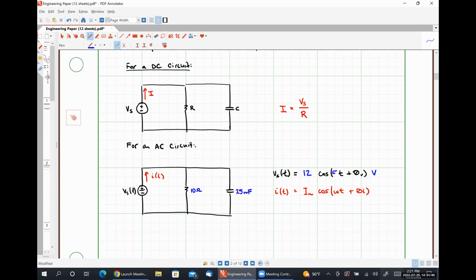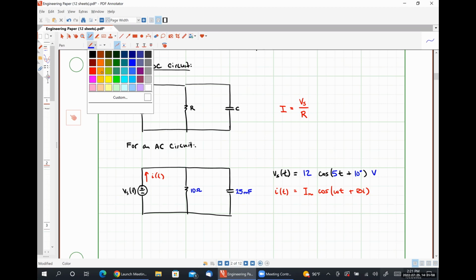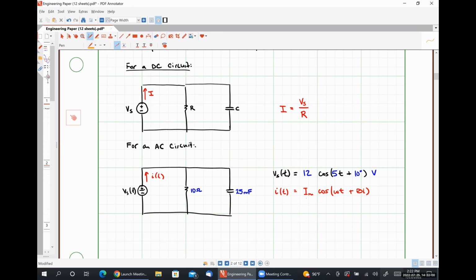Omega is 5 radians per second. And theta V is 10 degrees. Our goal here, then, is effectively to determine Im and theta I. All right.